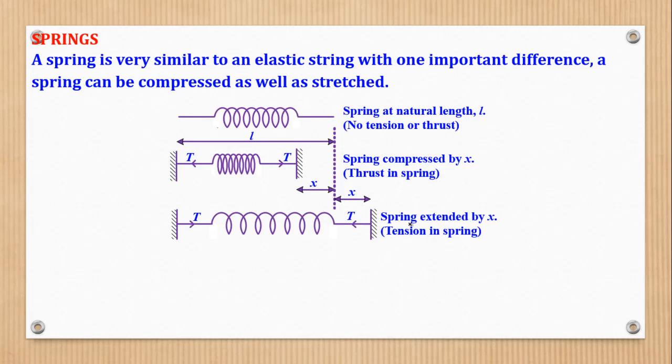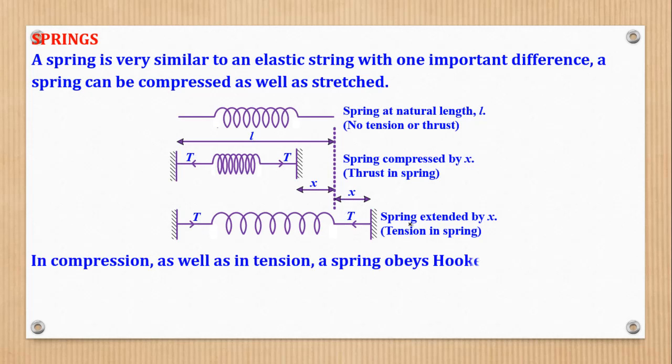The same formula used to get tension is the same formula used to get thrust. So you shall not write a new formula. We shall still stick with the one we used for strings, which is this.